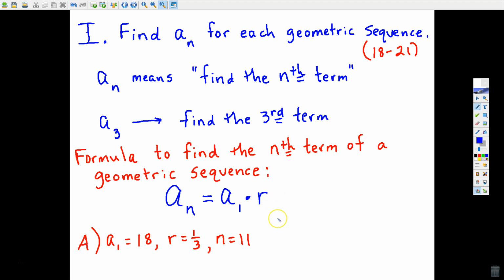The common ratio, that number that we're multiplying by each time to get from one term to the next. And R is going to be raised to the n minus 1 power. So you're going to use this formula. It's really not a hard formula to use.